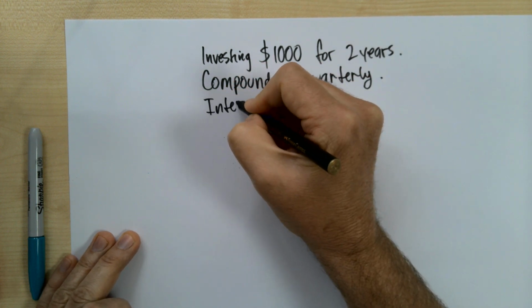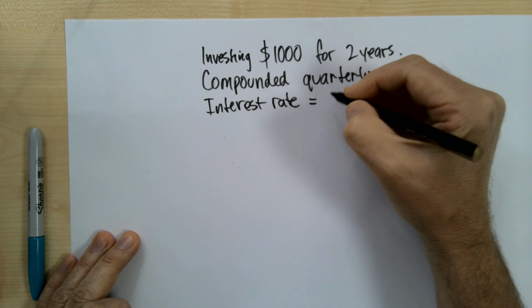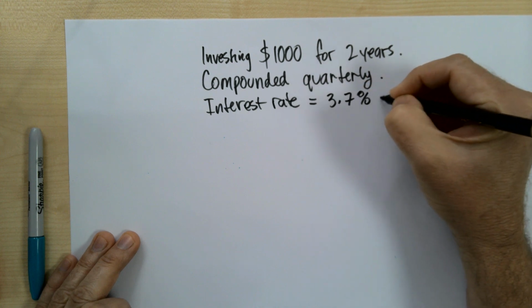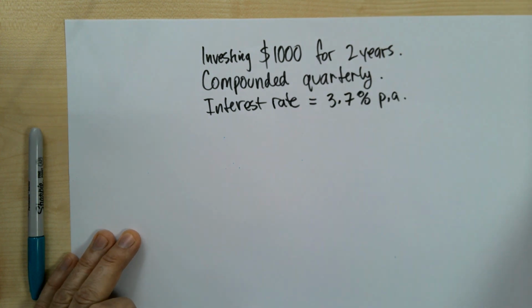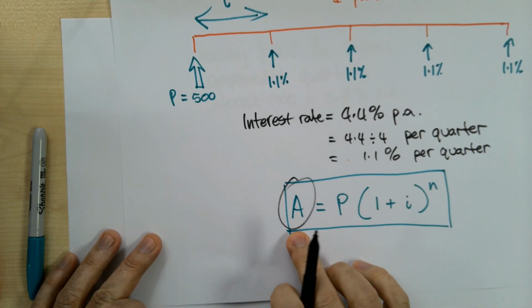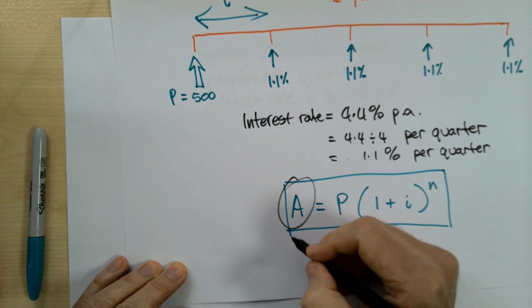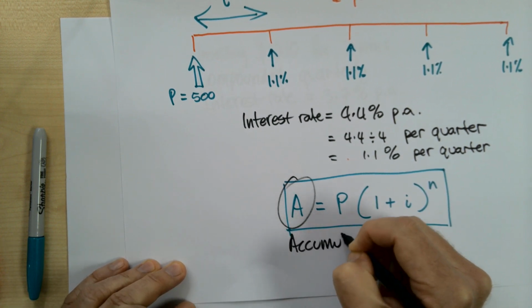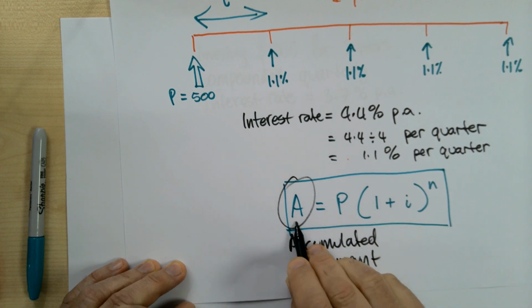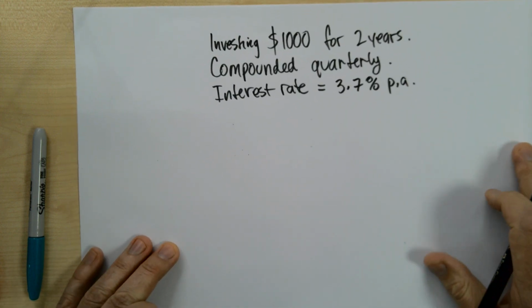And the interest rate is 3.7% per annum. Oh, by the way, I forgot to tell you, that is how much is in the account at the end. That's how much the amount is. Okay, the accumulated amount. So that's not interest, that's just how much is there. Okay, all right, let's go back to this.